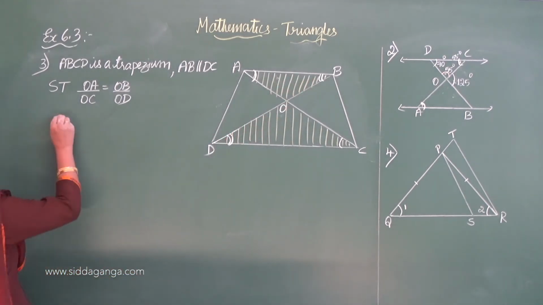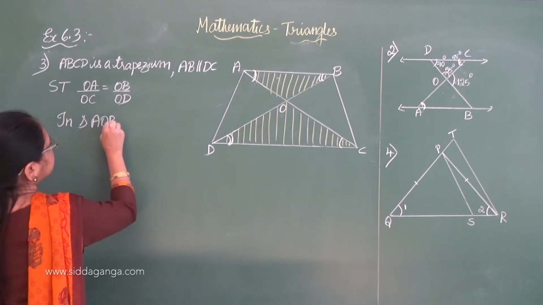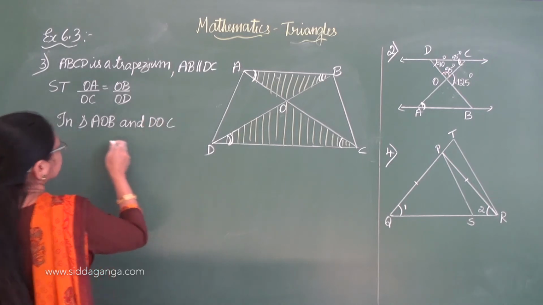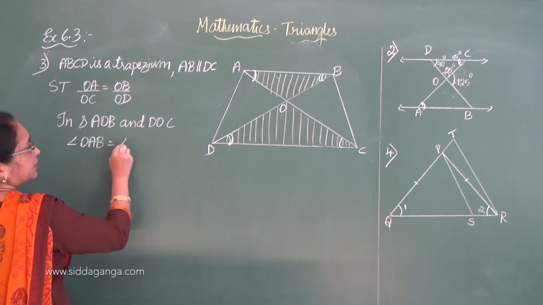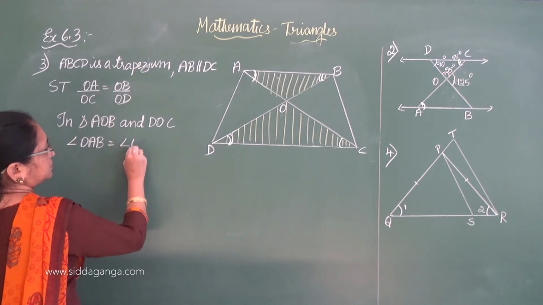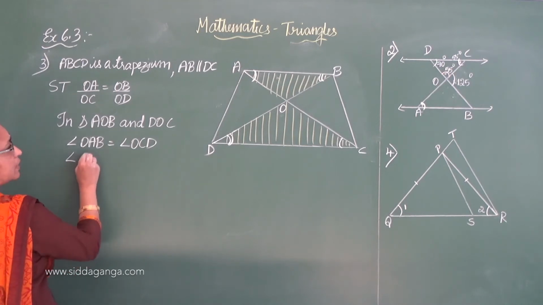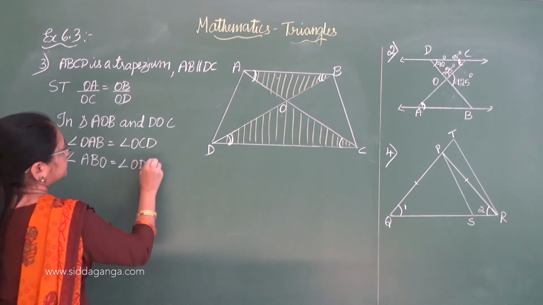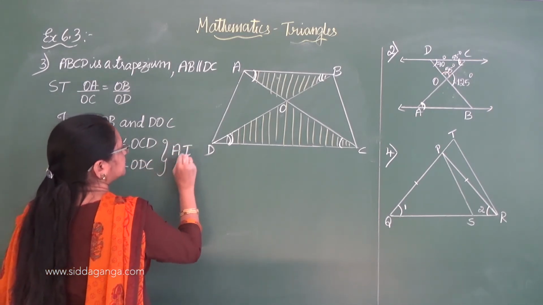So in triangles AOB and DOC, angle OAB is equal to angle OCD, then angle ABO is equal to angle ODC. Why? Because alternate interior angles.